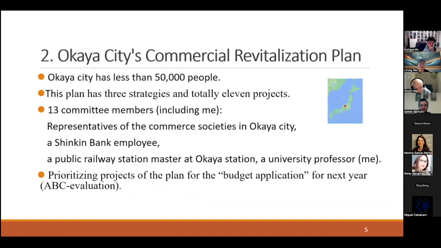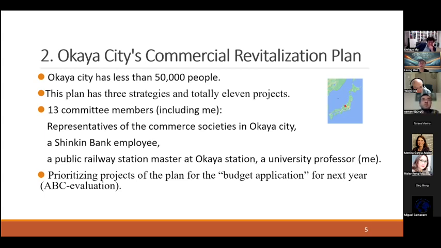Let me introduce Okaya City here briefly. This city is an industrial city with a population of just under 50,000 and located near our university. Like many local areas of Japan, this city also faces the challenge of population decline, which has led to financial difficulties.